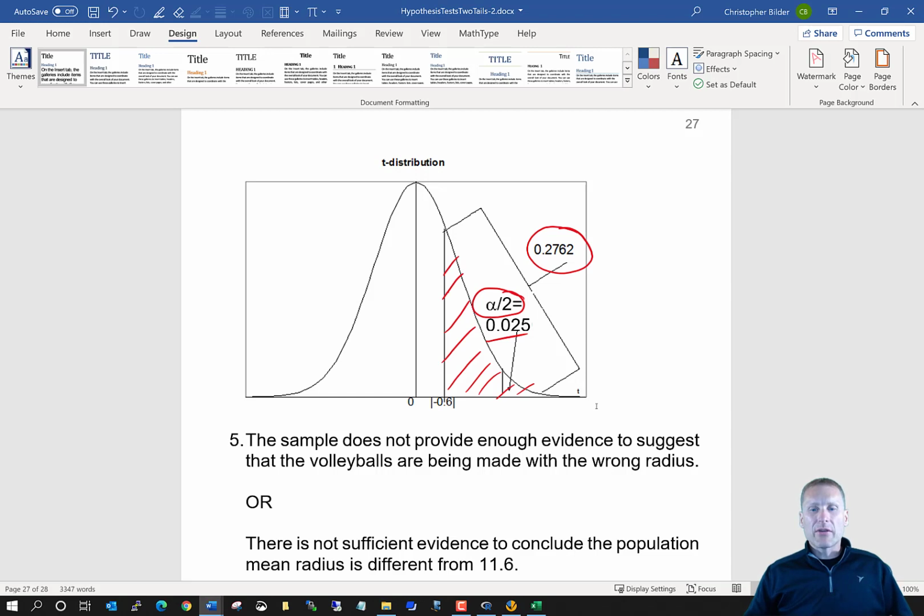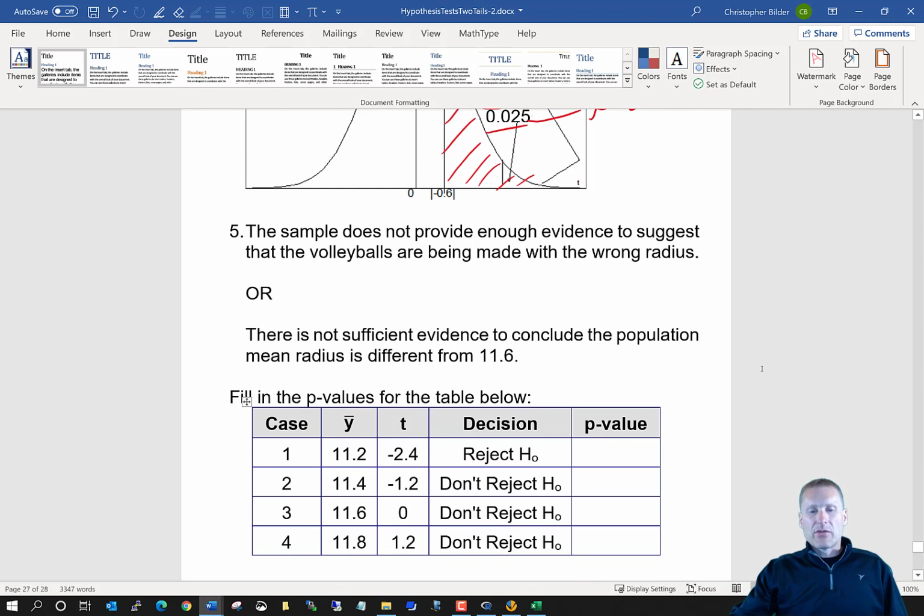In standard practice, though, people will always multiply this by 2, so that you can compare directly to alpha itself. So step 5, what does this mean in terms of the original problem? Well, the sample does not provide enough evidence to suggest that the volleyballs are being made with the wrong radius.